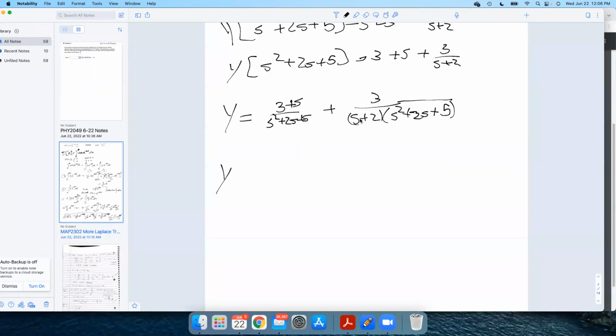So this fraction needs an S plus 2 top and bottom. Maybe I'll write that as S plus 3 times S plus 2 plus 3 more from here all over S plus 2, S squared plus 2S plus 5.